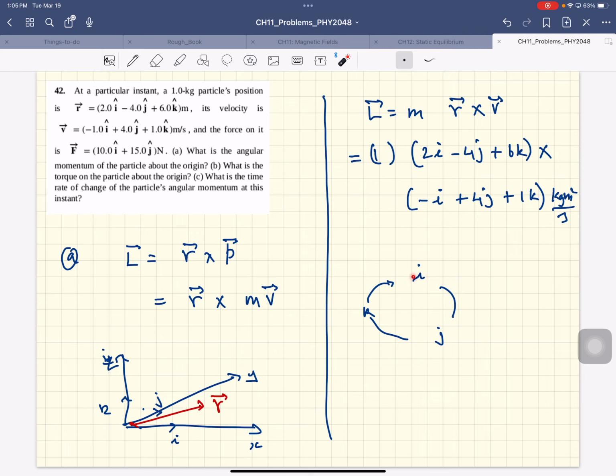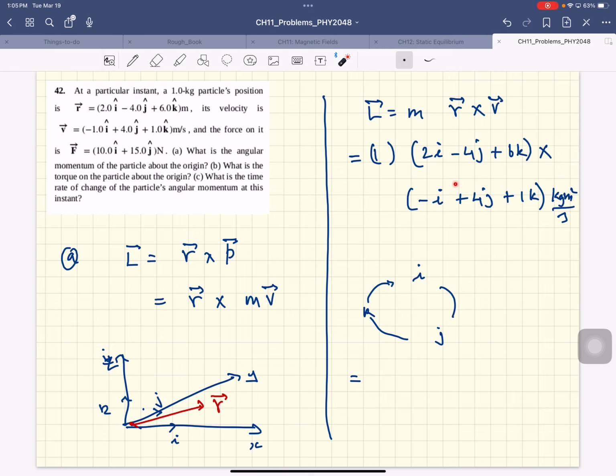If you go in the other direction, i cross k is negative j. k cross j is negative i. So let's do it that way, and then I'll show you the other way, and then I'll give you the formula. So here's one: i cross i is 0.